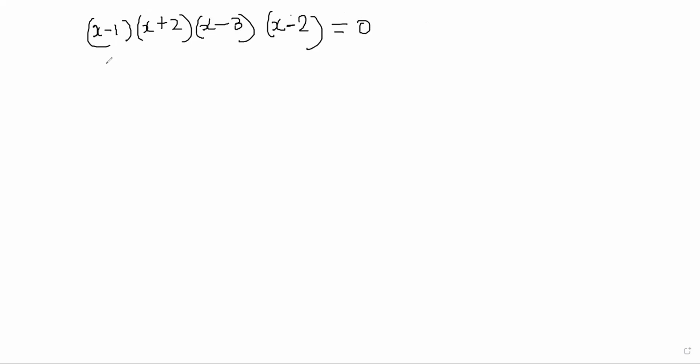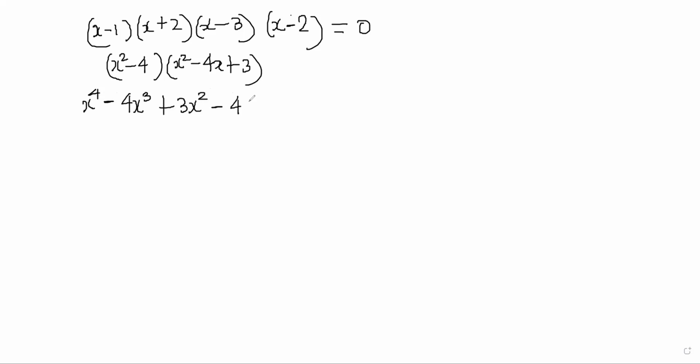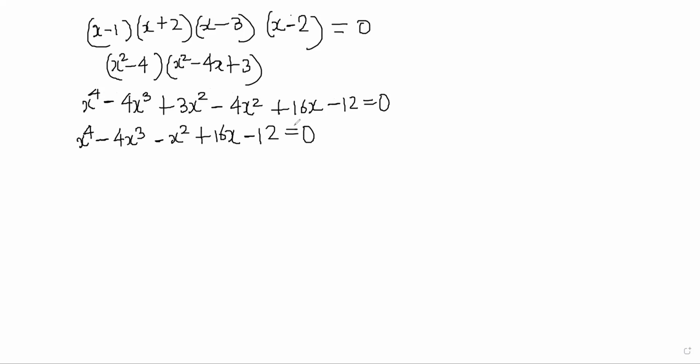This is a fourth degree equation. Now, we can multiply and get the equation, x square minus 4 into x square minus 4x plus 3, and multiply it out: x power 4 minus 4x cube plus 3x square minus 4x square plus 16x minus 12. So you get x power 4 minus 4x cube minus x square plus 16x minus 12 is equal to 0, right?